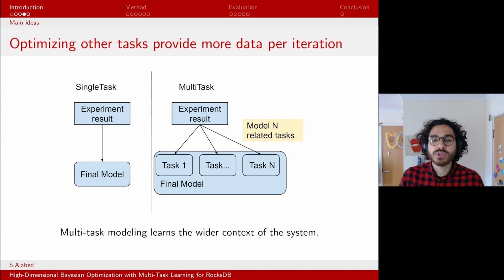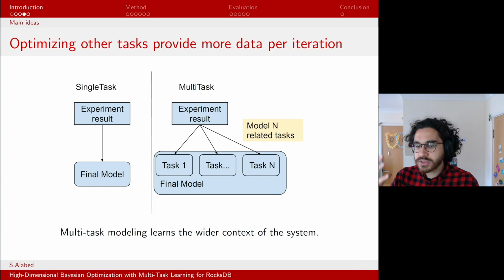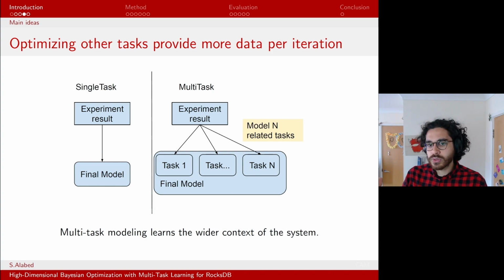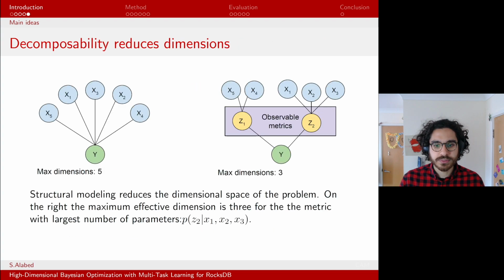Because we can choose what these objectives are, we can choose objectives related to the throughput. If we are interested in increasing throughput, maybe we should also reduce the number of I/O stalls on the system, for example. So we can model each of these as a task based on our expert understanding of the objective and what influences it. And now, by providing this wider context, the model learns a lot more from every episode and experiment it sees.